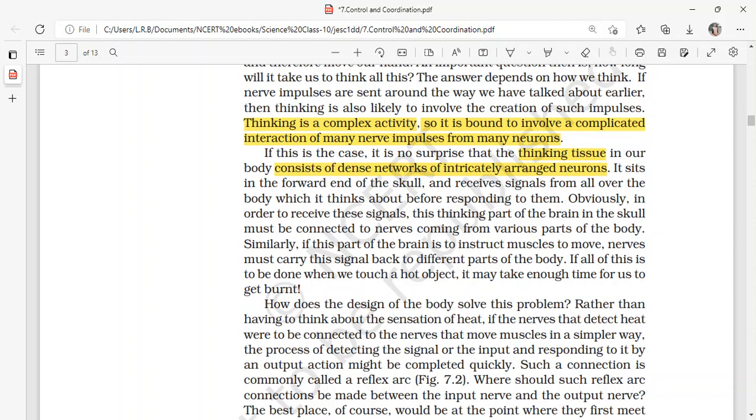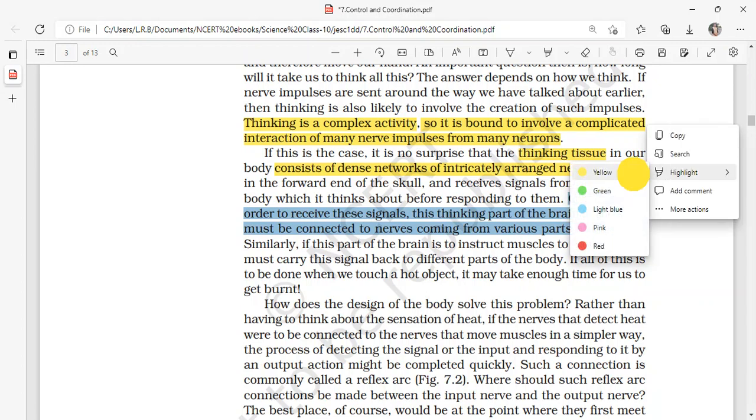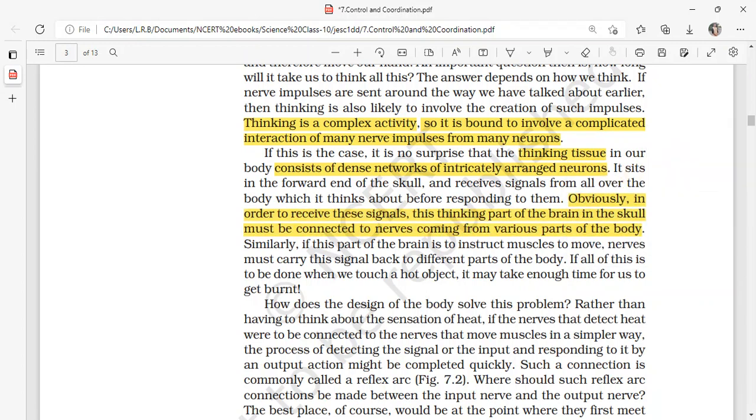Obviously, in order to receive these signals, this thinking part of the brain in the skull must be connected to nerves coming from various parts of the body. Unless all the electrical wires in our homes are connected with each other, are we going to get electricity throughout our home? It is not possible, isn't it?